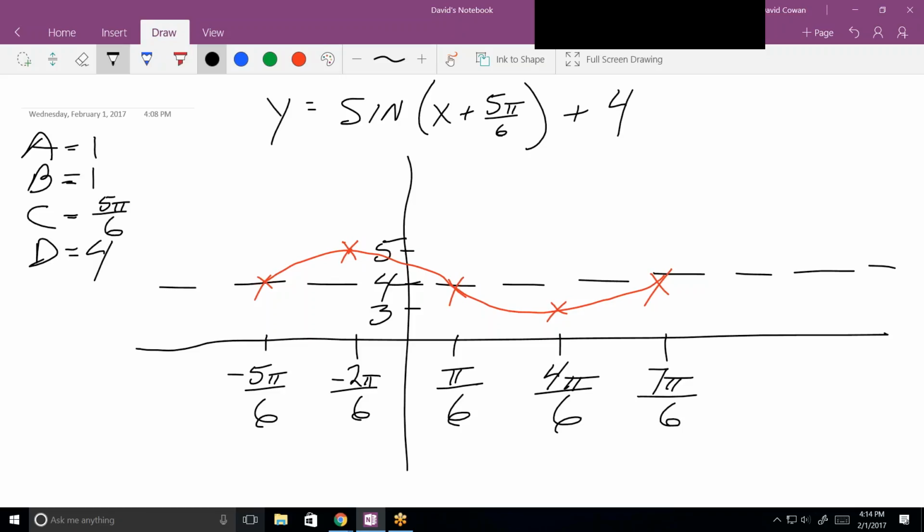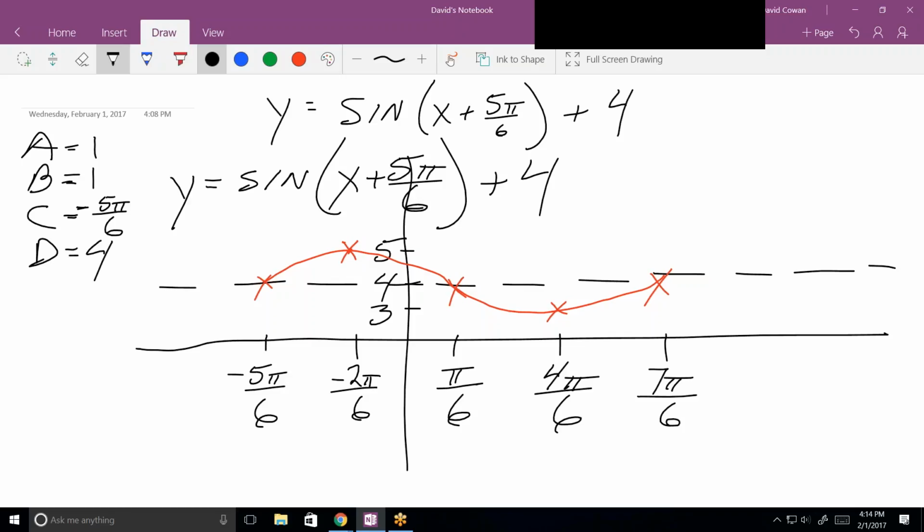So if I was given the red curve and I had to come up with it, I would have sine, B is 1, I should have said negative 5 pi over 6, which makes it plus 5 pi over 6, and then D is plus 4.